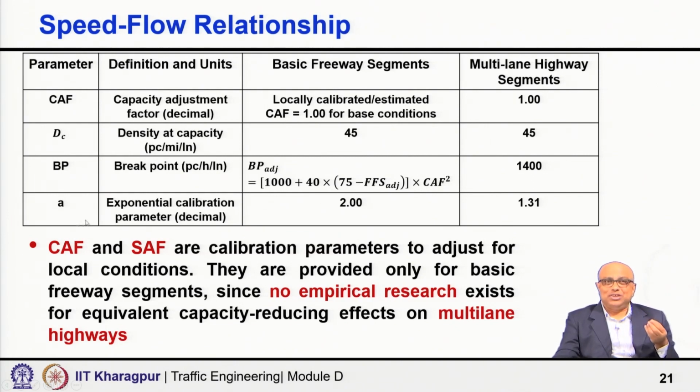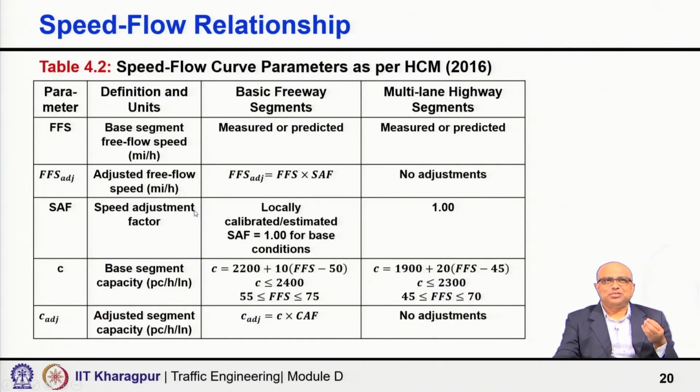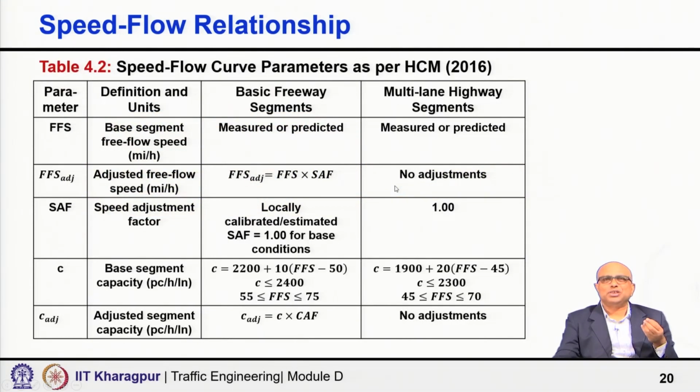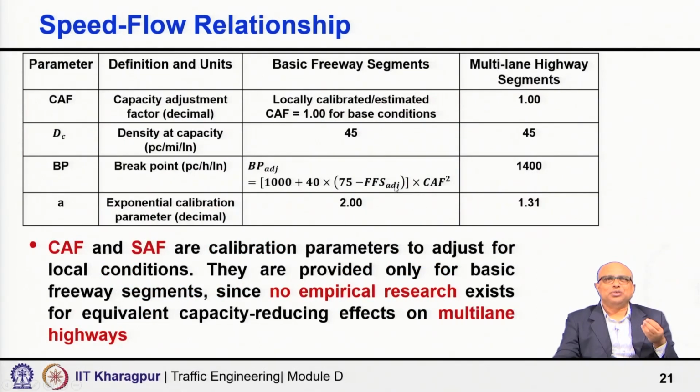And the exponent A in this equation, the exponential calibration parameter, is given here: it is 2 for the basic freeway segment, and for multi-lane highway it is taken as 1.31. These are all matters of calibration.